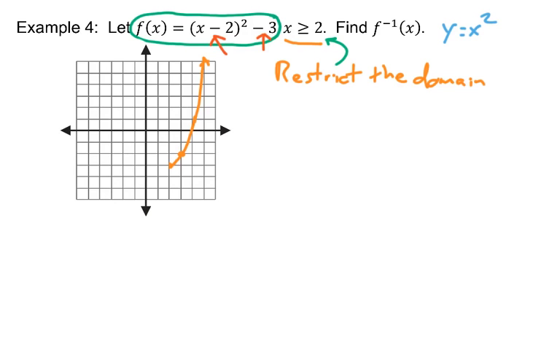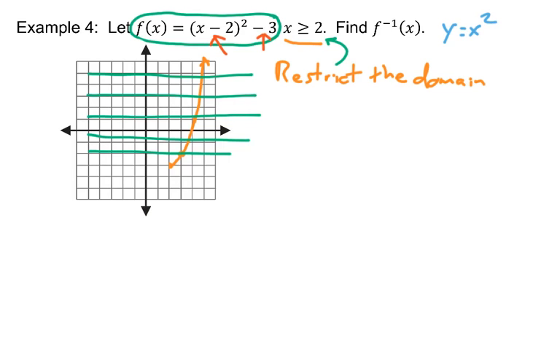The fancy phrase is we're restricting the domain. But if you notice, what that does is we create something that now does pass the horizontal line test, and therefore its inverse will be a function. And you might wonder, does that make it much harder to figure out what the inverse is? And the answer is no, it really doesn't hurt very much at all.